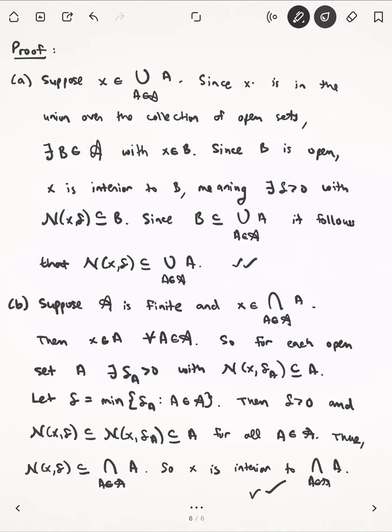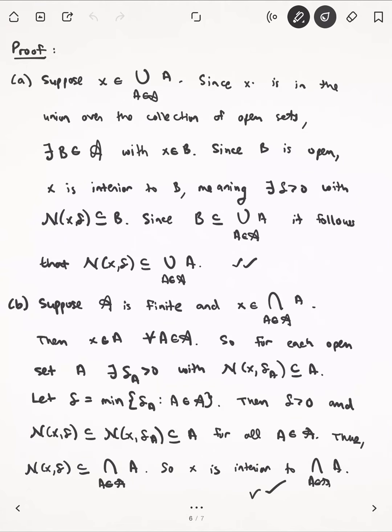And for part B, the finiteness is absolutely paramount, because you can always find the minimum of a finite set of real numbers. Let me just go back to the proof here.